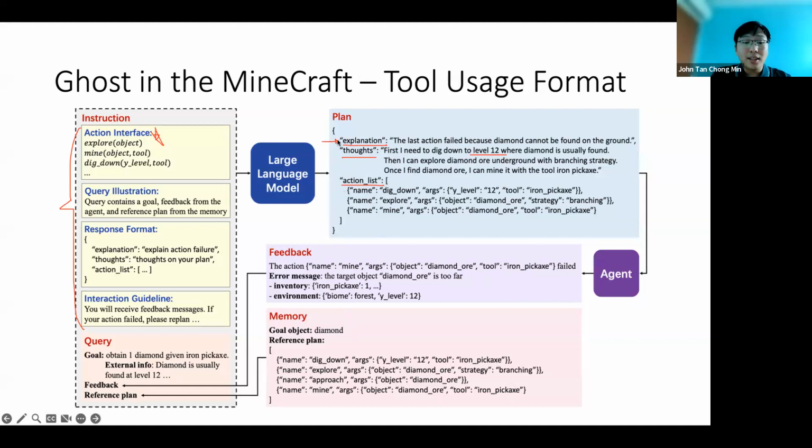But if you take a look at the actions, or the tools that they use, it is not Python code. It is not JavaScript code. It is the name of the function and the arguments to the function. That's it. They basically just take a sequence of actions in the form of a sequence of functions to execute.